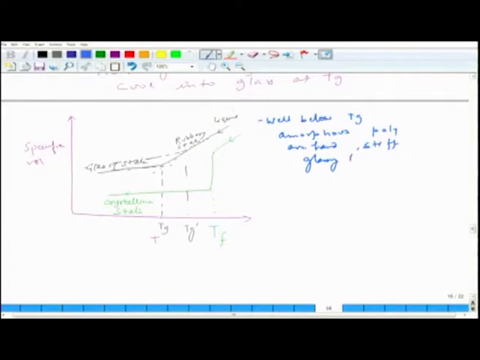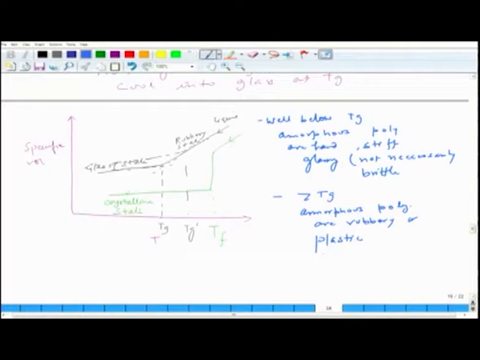It is not necessarily brittle. Now, well above Tg, the amorphous polymers are rubbery or plastic. That means large deformation is possible.